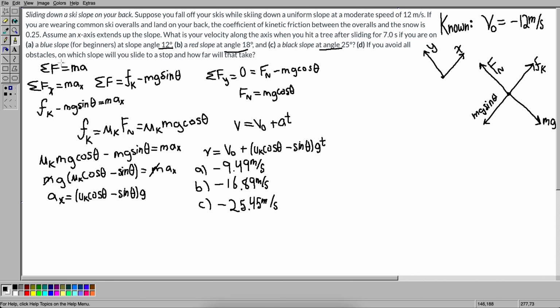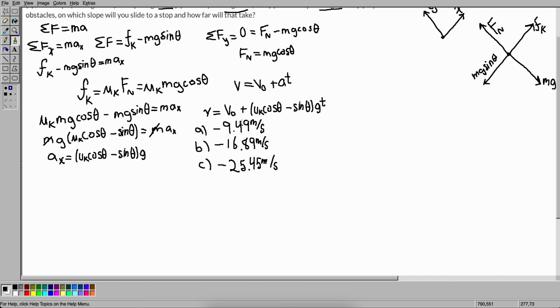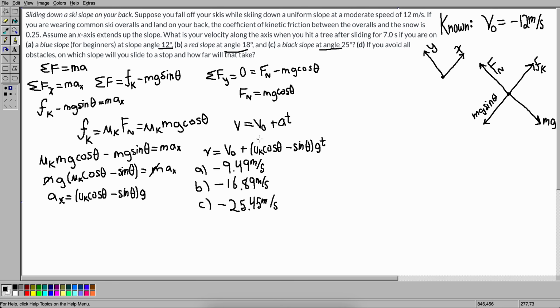If you avoid all obstacles, on which slope will you slide to a stop and how far will it take? And this is a little bit tricky because, well, I'll explain the tricky part later. The first part is really simple. On which slope will you slide to a stop?